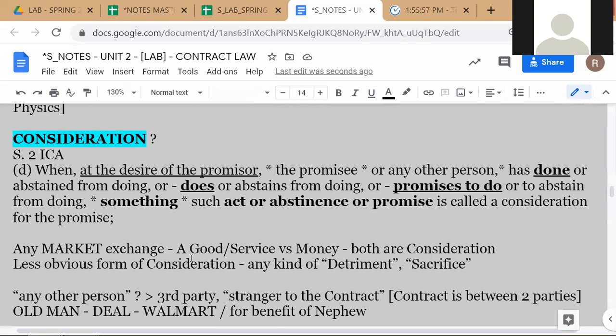What we are trying to explain are further examples of consideration. If I go to a Starbucks and buy a mocha frappuccino or whatever, I give them 400 rupees. So I am the promisor in this case.